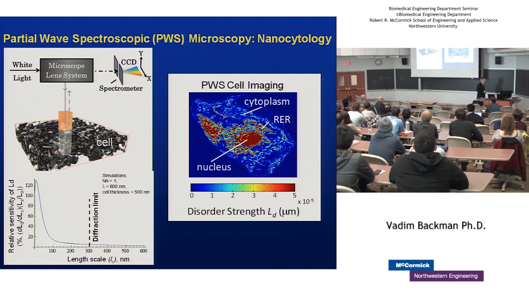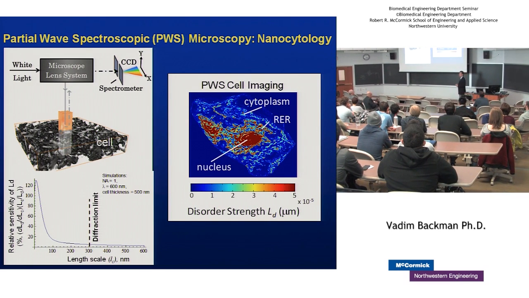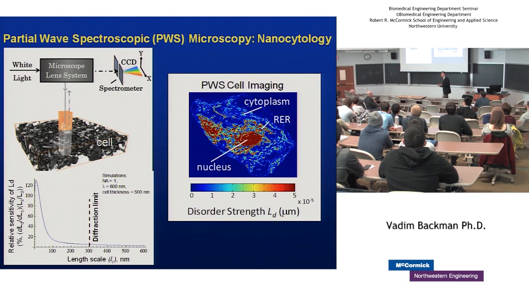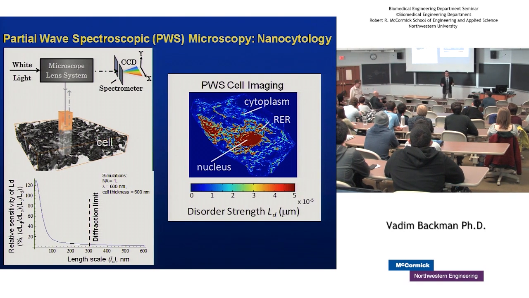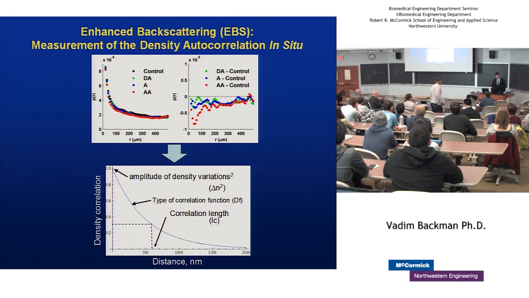So for example, if you have a change in the chromatin structure at the level of 5 nanometers, you would sense that. If you have a change in the cell at the level of half a micron, you won't be sensitive to this. So this is probably the most sensitive technique in terms of how small a length scale, how small structures can be detected.